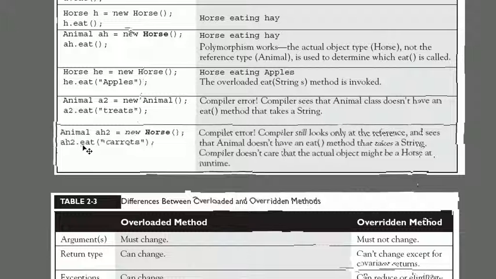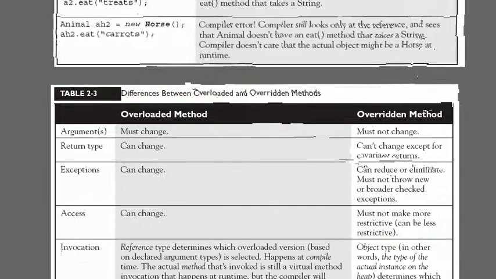You can only invoke the methods defined for the animal reference type. The compiler looks only at the reference and sees that animal doesn't have an eat method that takes a string, so it doesn't care that the actual object might be a horse at runtime.